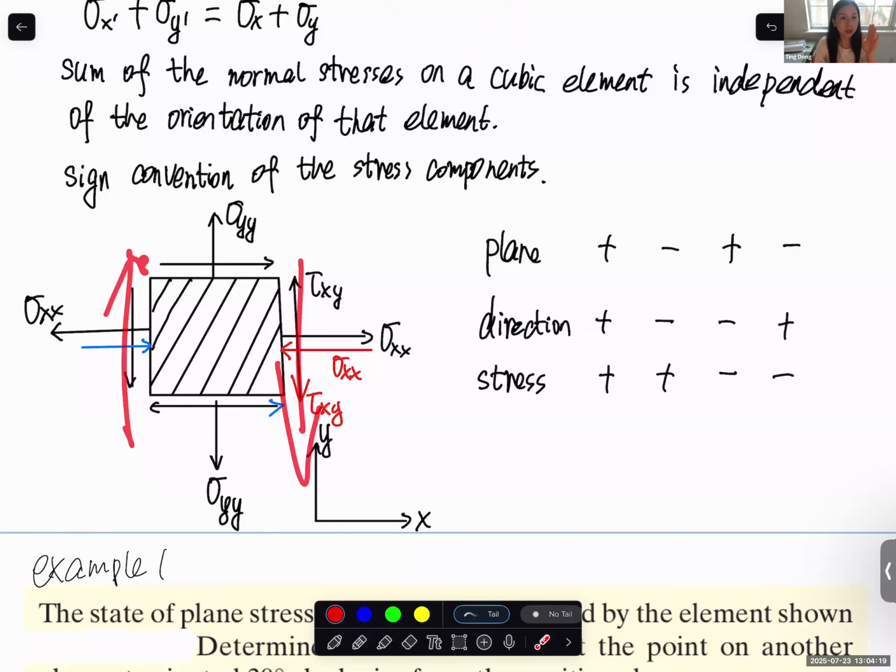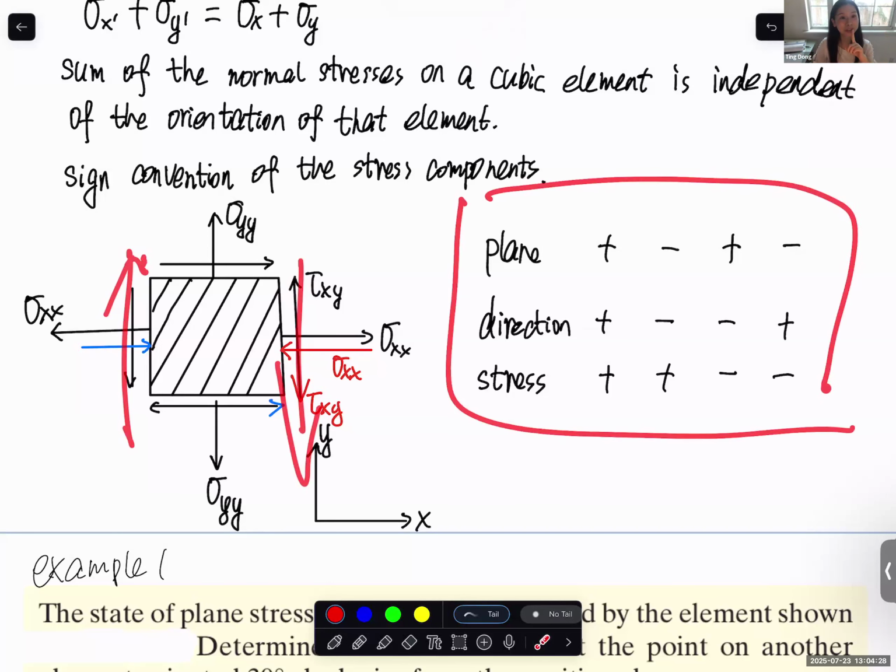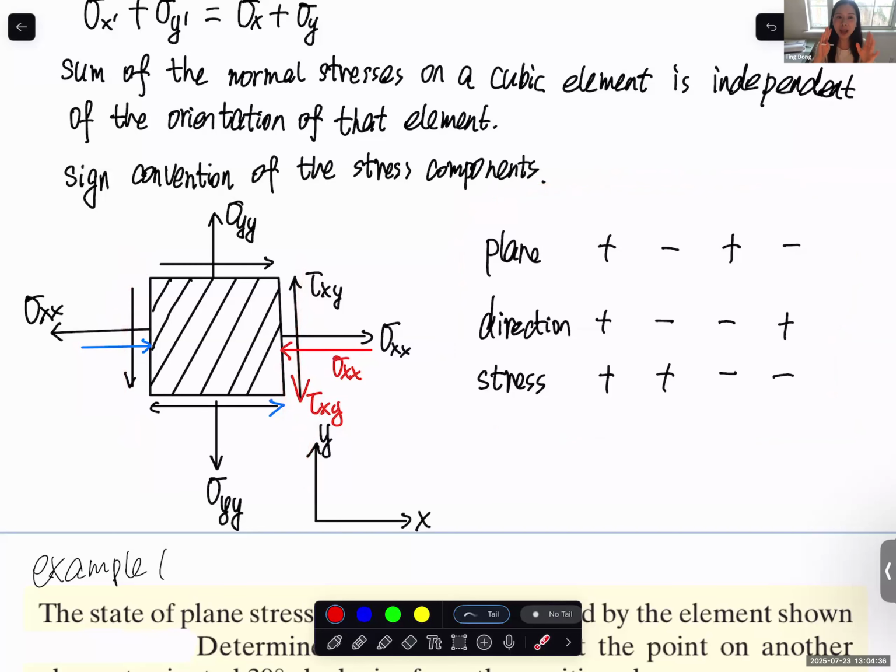In FEA, aerospace structures, or any more advanced class than mechanics of materials, there was no confusion because we always use this sign convention for stress components. But the problem is when I teach mechanics of materials, there's a conflict. The group of people in statics and mechanics of materials, when the stress component is not involved, originally have a set of sign conventions that always considers this a positive shear force.